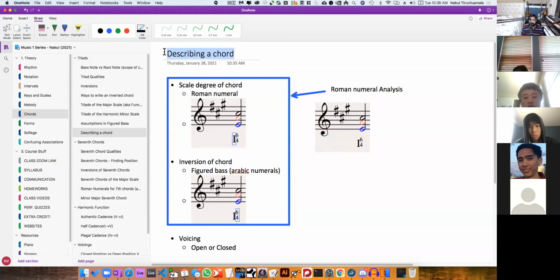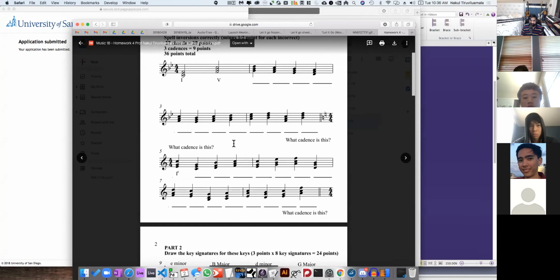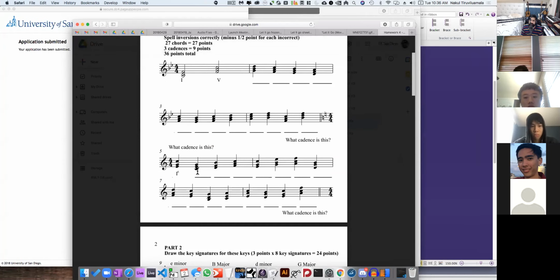So I guess I should say, describing a chord for Roman numeral analysis. In order to figure out the Roman numeral, we have to put the chord in root position, okay? If it looks like a snowman, it's already in root position. So for instance, in the key of C major, this chord right here is already in root position.